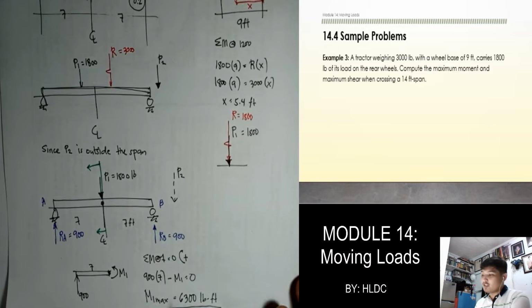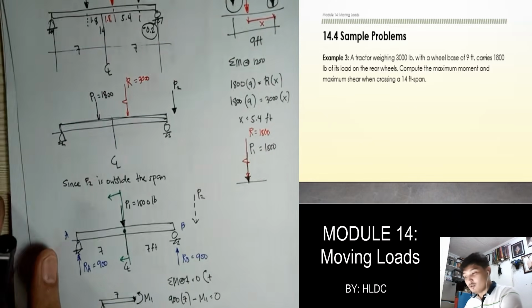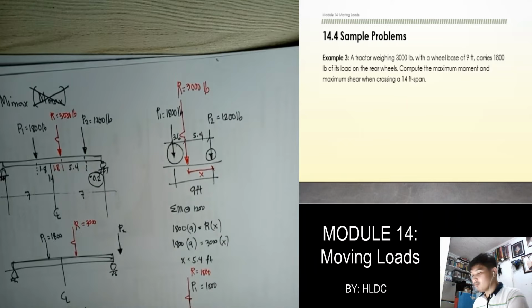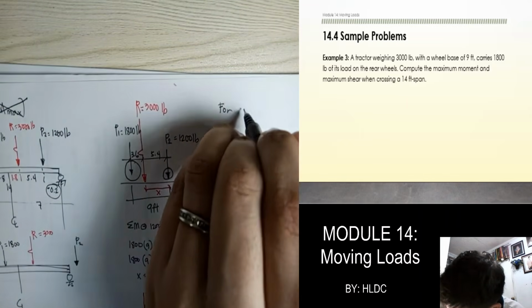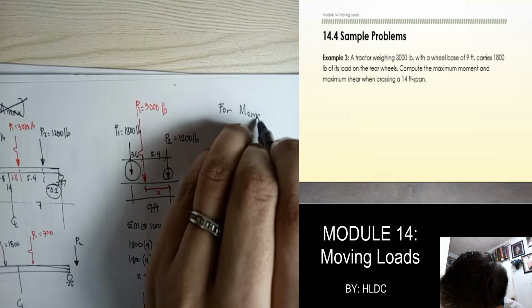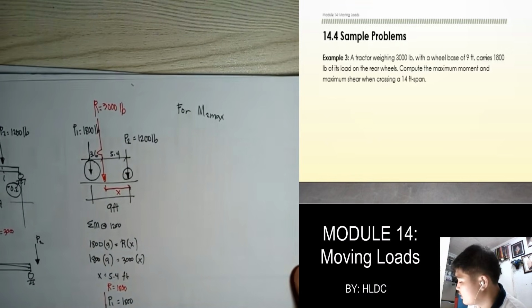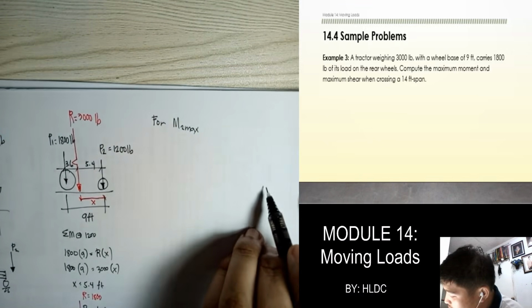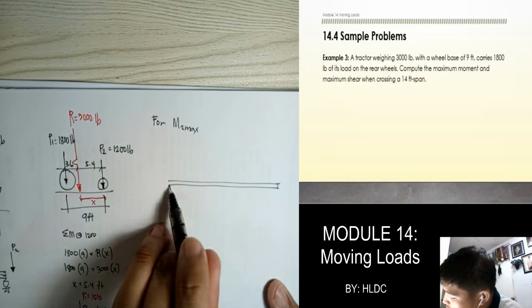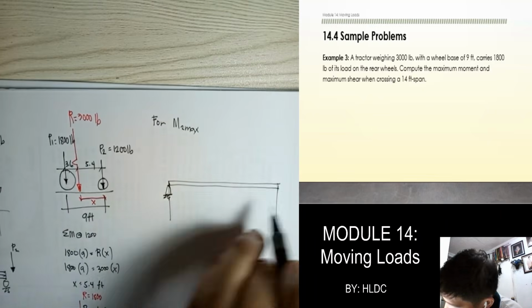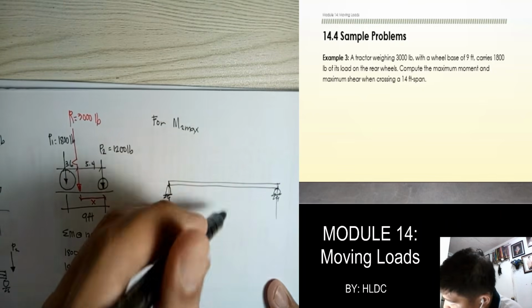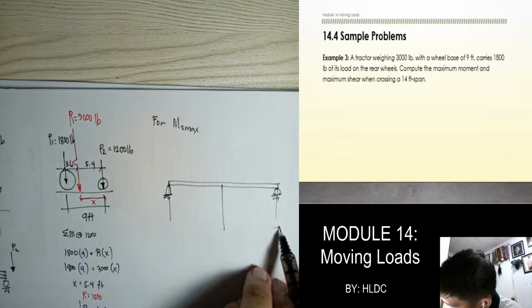So, now we consider naman yung consideration ng load P2. Sana na-gets yun. So for M2 naman, M2 max, kailangan na natin siya i-consider. So paano gagawin? Let's say ito yung span. So ito yung center line.